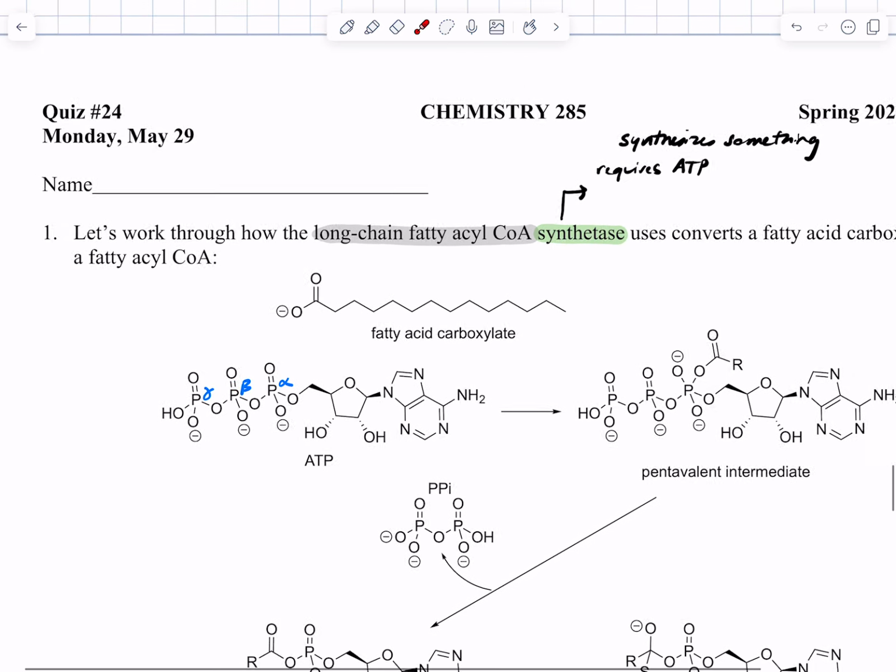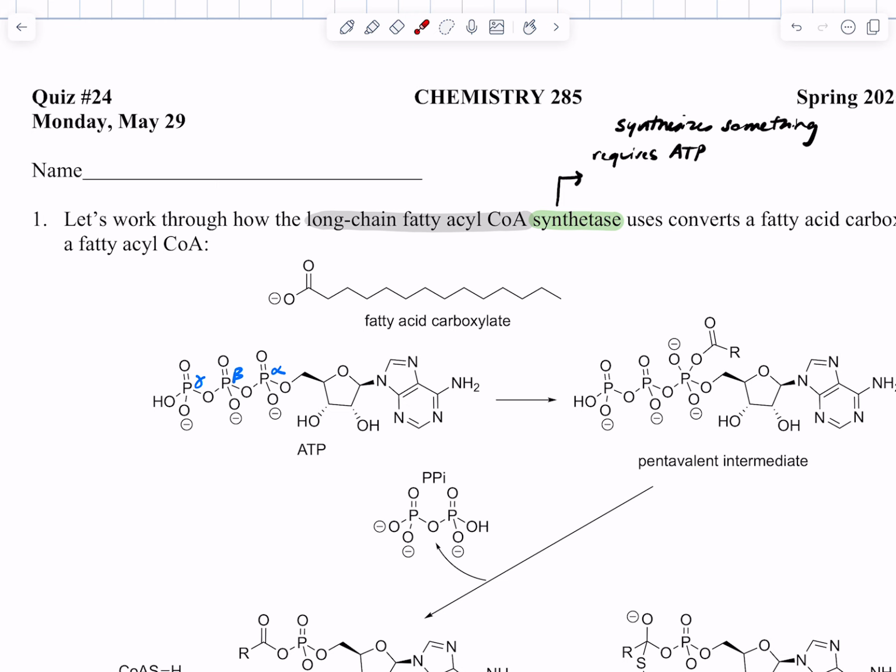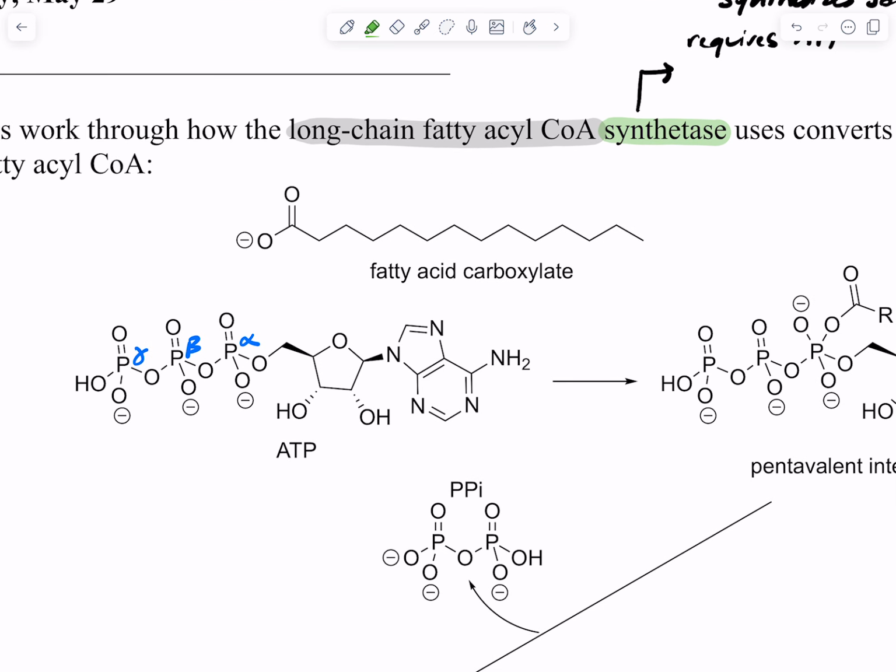In the case of this particular synthetase, the enzyme actually activates not the gamma phosphoryl group, but the alpha phosphoryl group. So there's the phosphoryl oxygen and the phosphorus and the phosphoryl oxygen.